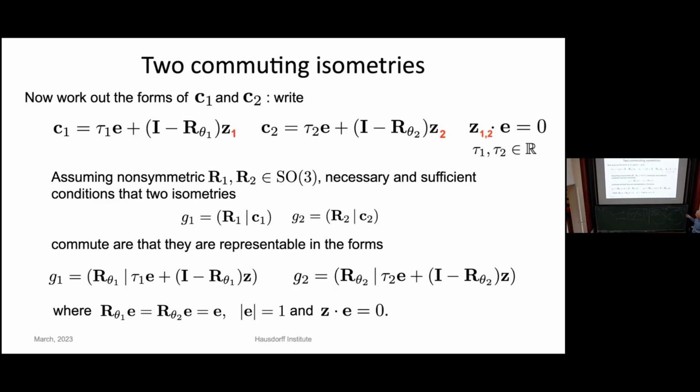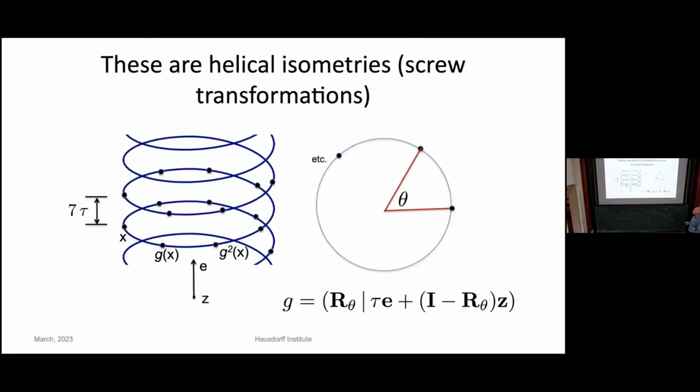So there's the general form of two isometries that commute, such that the R's are in SO3 and they are not symmetric. Question? And the conditions are that Z is perpendicular to E, and E is a unit vector, and so forth. And there's this tau 1 and tau 2.